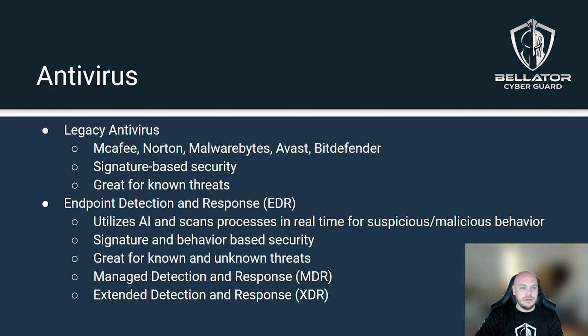So these work great for any of these known threats, known signatures, and protecting against those. They're not so great for more customized files and threats that do not match these signatures, right? So if you have a threat that does not match one of the signatures that's stored in one of these libraries that these legacy antiviruses rely on, the antivirus won't protect against that threat.